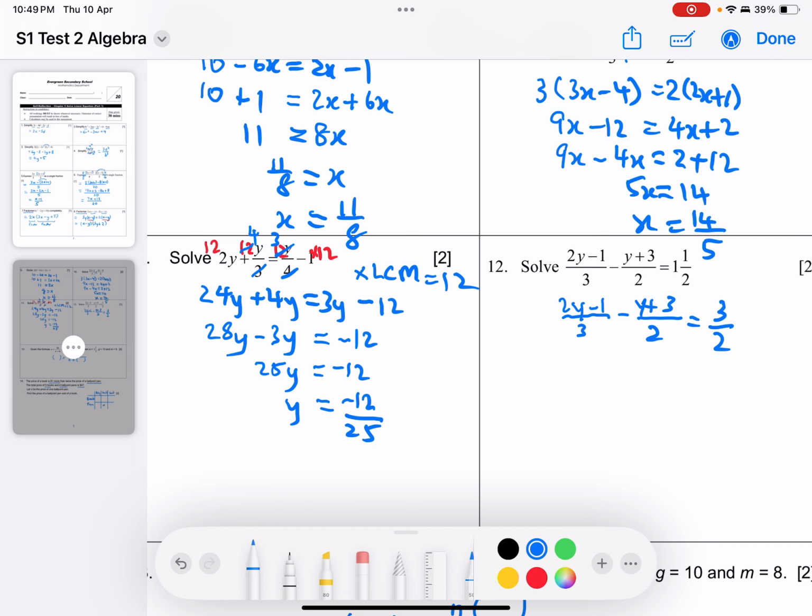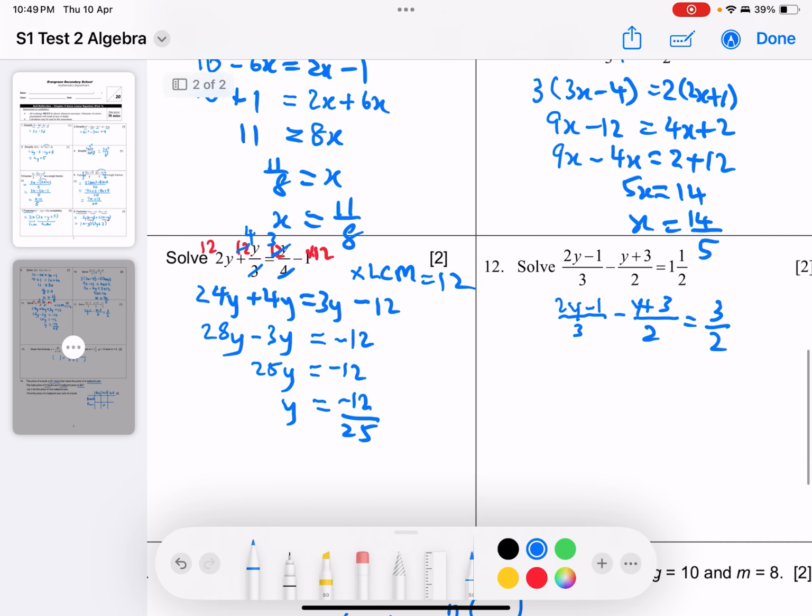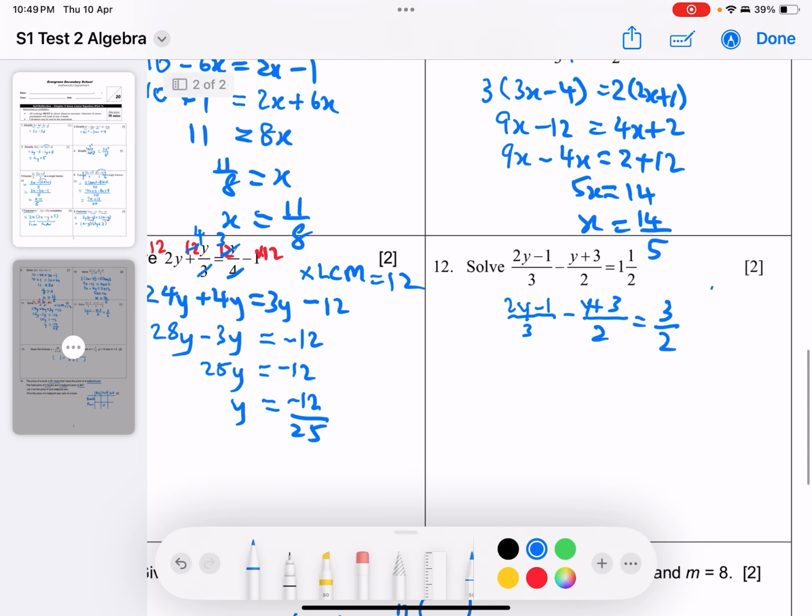So now we look for the LCM. In this case, the LCM is 6. So we multiply throughout by 6. Remember to use bracket. So again, we cancel the denominator.